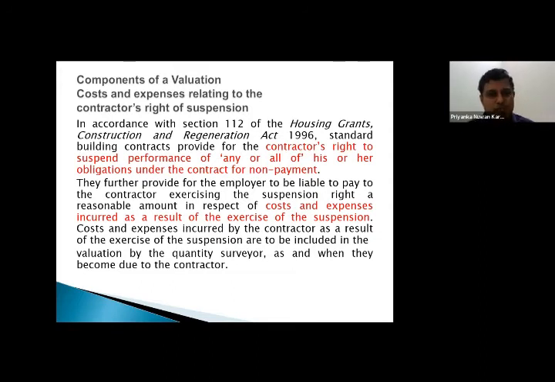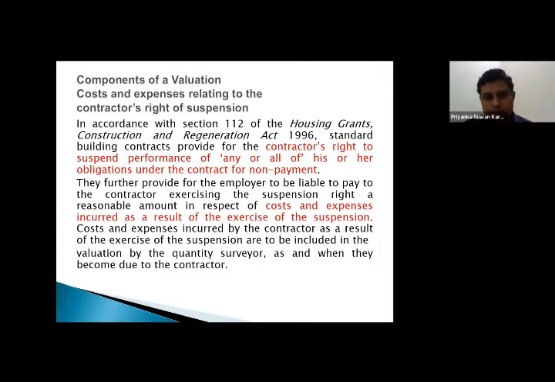Now, if there is a period of suspension and then when the work starts again, when you are doing the interim valuation, you may have to think about these particular costs and expenses. Once again, when you are talking about the costs, even though the latest FIDIC 2017 version says this is without the profit, okay, the definition which starts with capital C, Cost, is without the profit. It says the contractor's right to suspend performance of any or all of his or her obligations under the contract for non-payment.